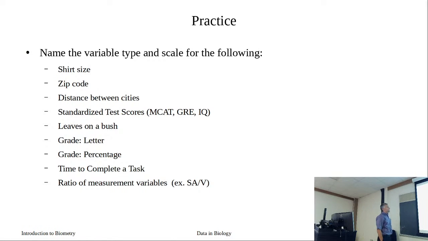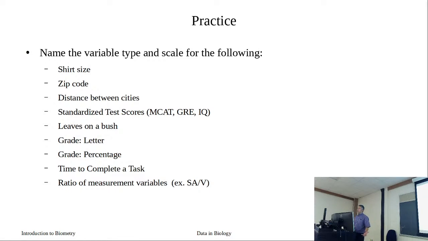All right, and then our scale for our quantitative variables are what? Ratio and interval. What's the difference between those? A meaningful 0 point. So if we have a meaningful 0, then ratios apply throughout the entire scale.